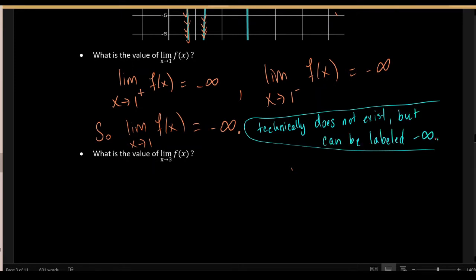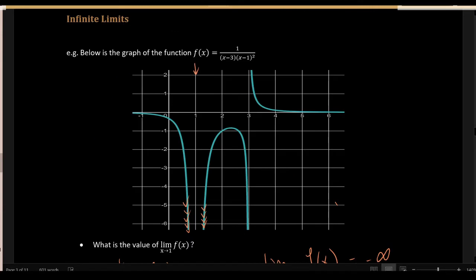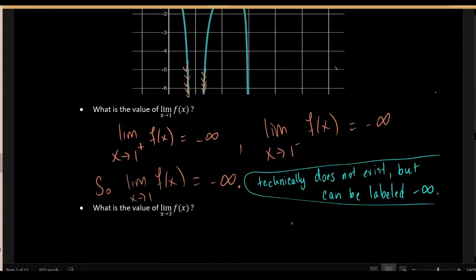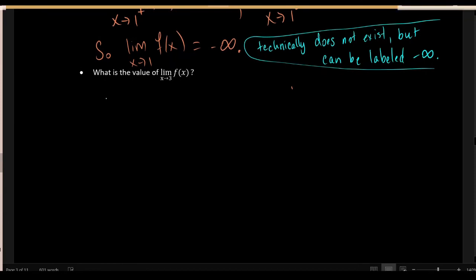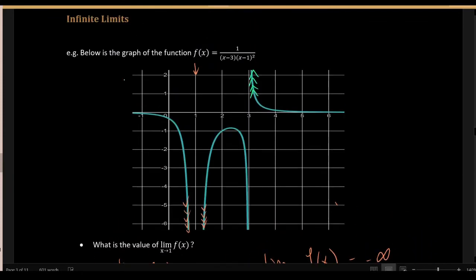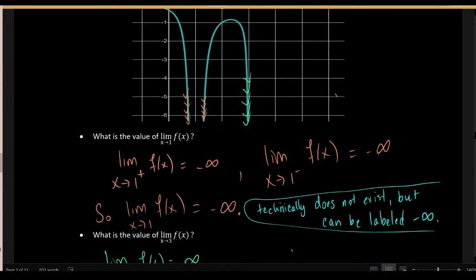Now let's contrast this with what we get when we approach 3. If we approach 3 from the right-hand side, then those chevrons as we move in toward 3 are pointing straight up. So the right-hand limit is equal to positive infinity. On the other hand, if we start even slightly to the left of 3, that puts us on this portion of the curve down here, and if we move in toward 3 from that location, those chevrons are pointing straight down.